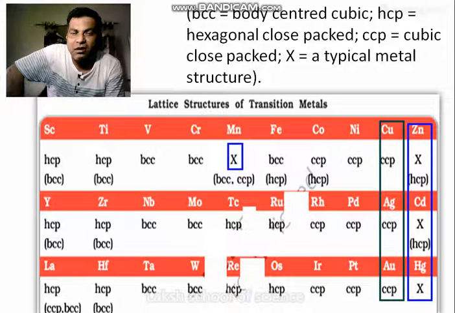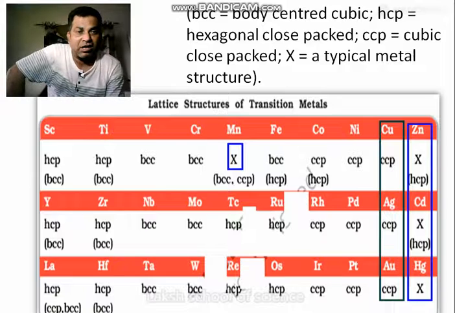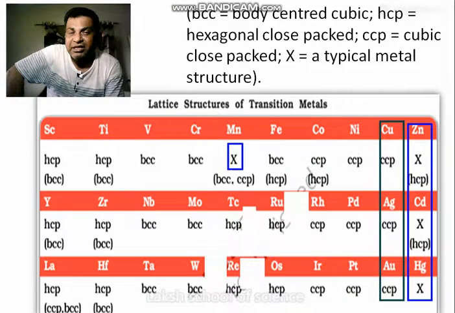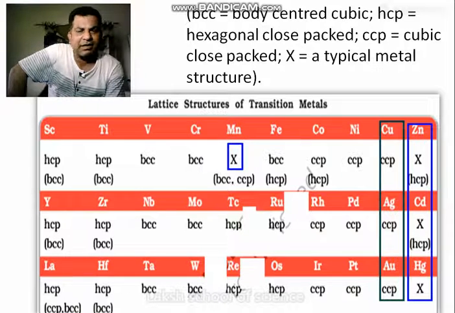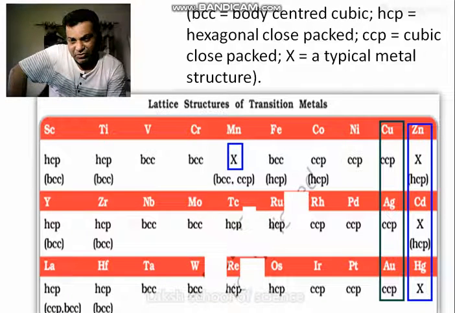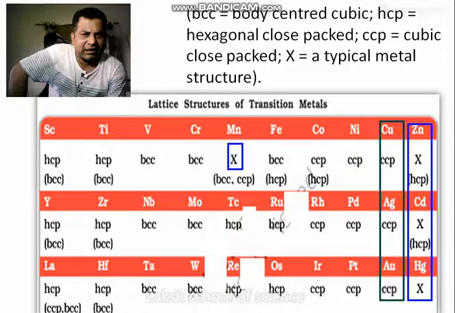In the previous video I was talking about copper, gold and silver, that silver and gold behave the same. They belong to the 11th group. Their structure is CCP, and their size is almost the same, and why their radii are also the same, we are going to discuss in this session. Okay, so that is the important talk here in this video. Hope that you are enjoying this.